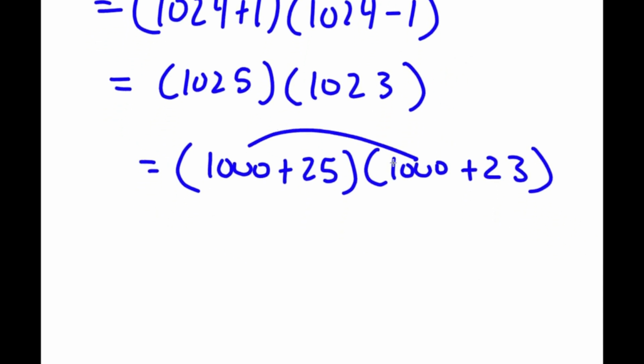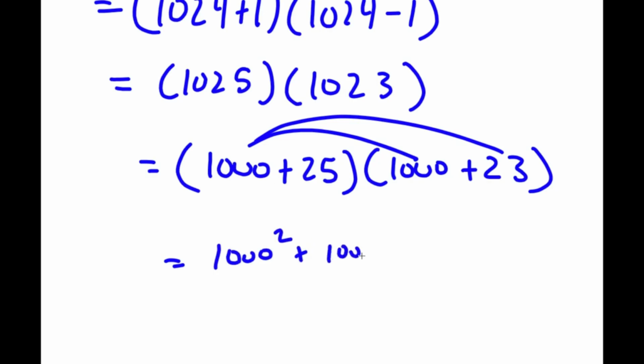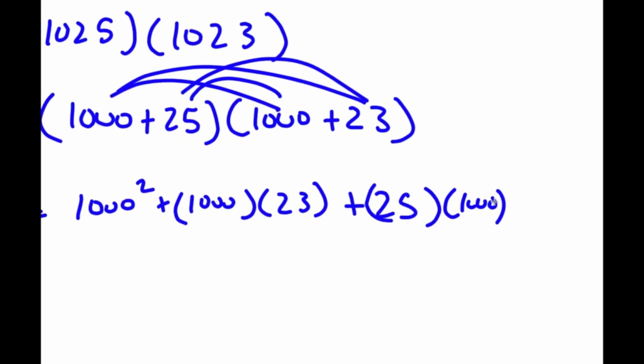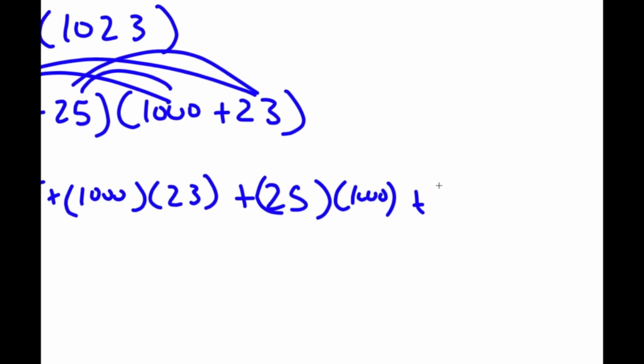Now to solve this, I'm going to distribute 1,000 first. So now I have 1,000 times 1,000, which is 1,000 squared, plus 1,000 times 23, and I have this, plus now I'm going to distribute 25, 25 times 1,000, finally plus 25 times 23.